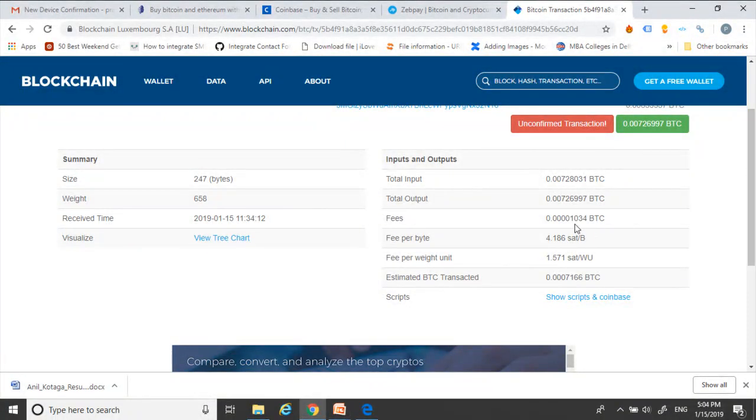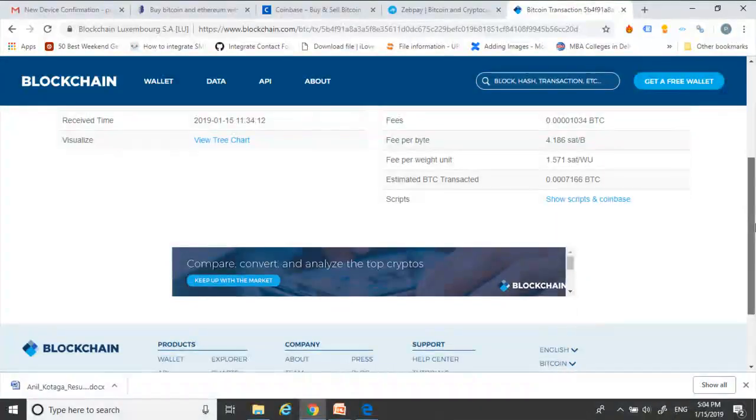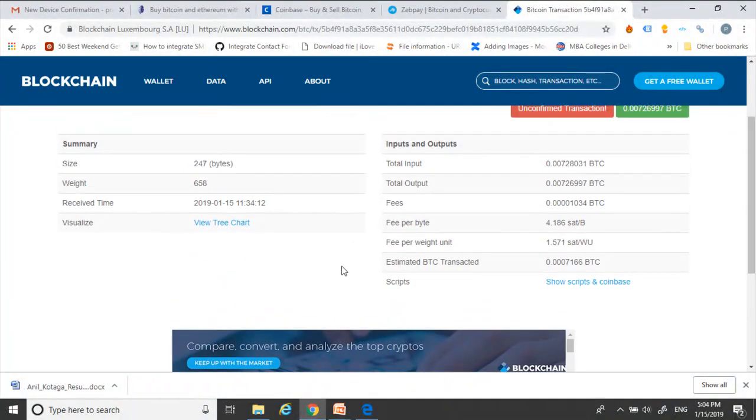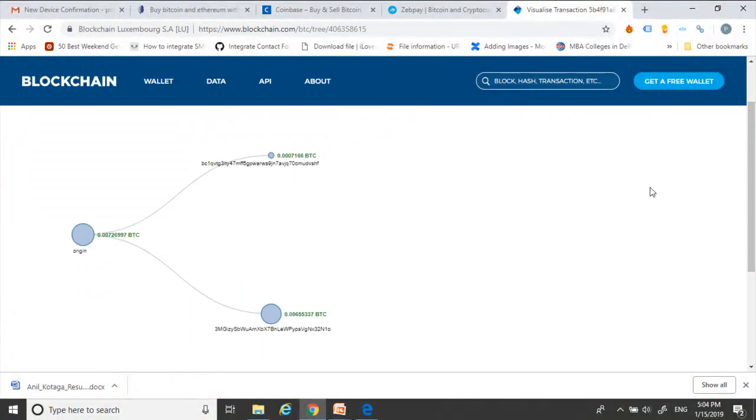This is the fees paid, fee per byte. So basically blockchain miners are receiving these fees. I want to visualize the tree. So this is the origin, and we have the BTC hash, and there's the hash.